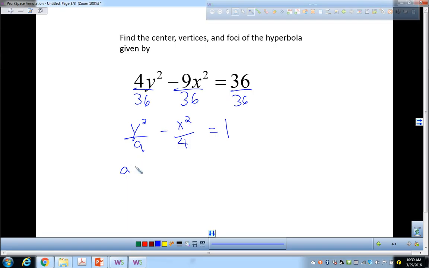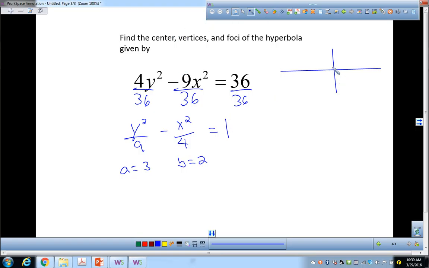So A is equal to 3, and B is equal to 2. So this hyperbola is going which way? It's going vertically. It's centered at the origin.